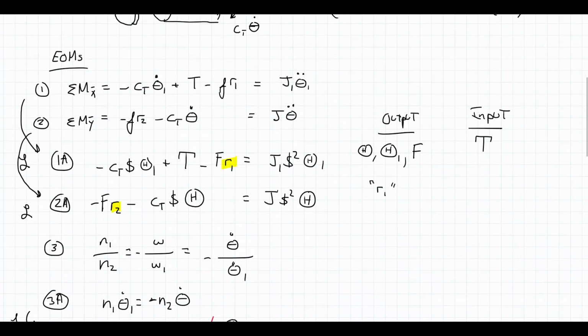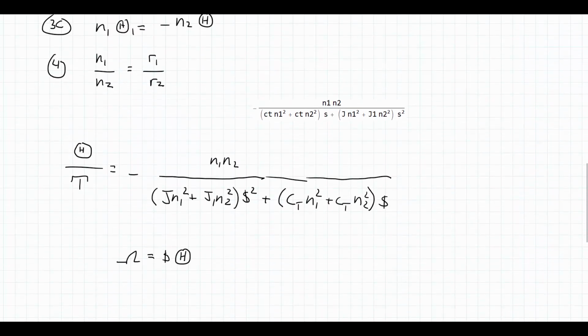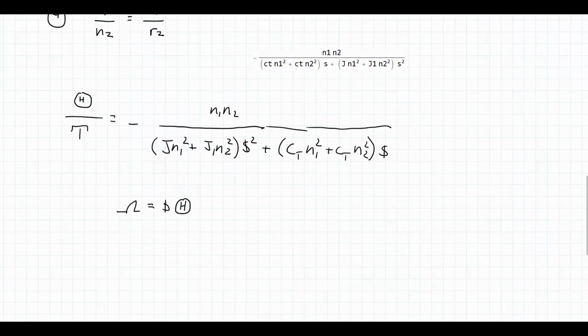We had theta dot, it became s times theta. Well, theta dot is just omega. It's another way to express our angular velocity. So what can we do here? I have this transfer function, but I want to get to g equals omega over fancy t. Well, it's actually pretty easy because I know omega is s times theta. I can take this transfer function I just came up with, and I can multiply the right-hand side by s and the left-hand side by s.